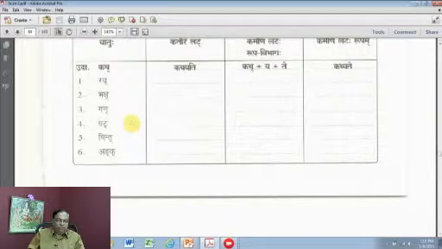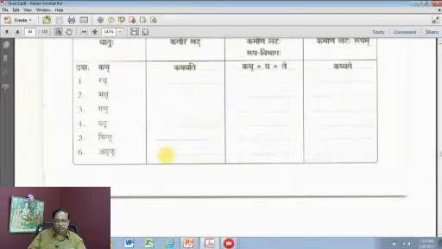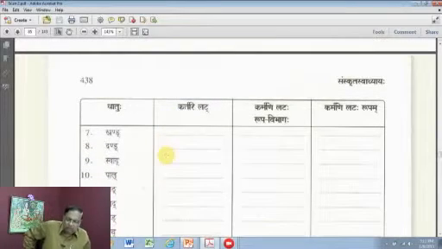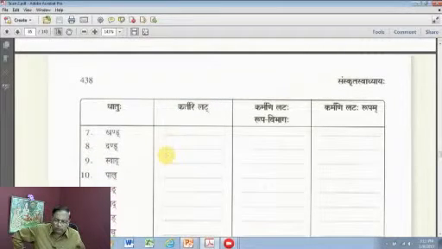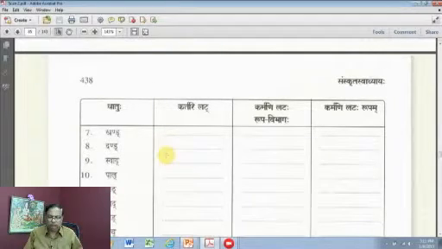Ghatyate. Chinta, to think. Chintayati. Chinta plus ya plus te, chintyate. Anka to mark, impress. Ankayati, ankyate. Oh, many more are there. Seven. Khanda to break. Khandayati, khandyate. Dandayati, dandyate.